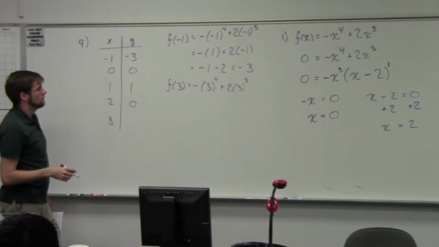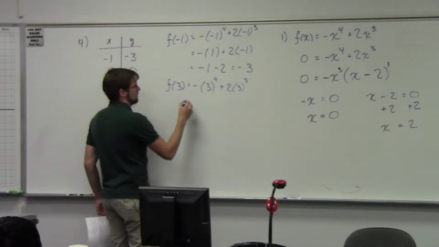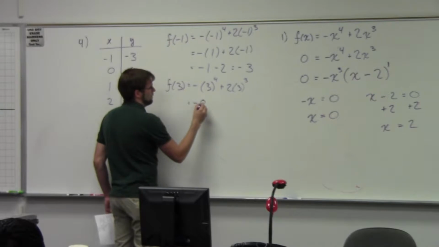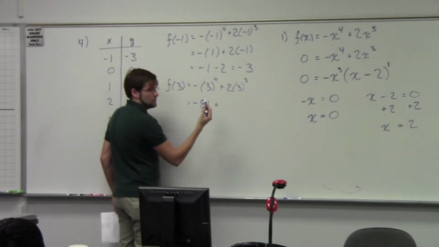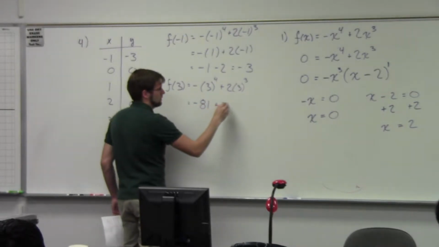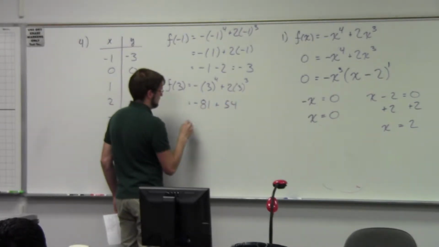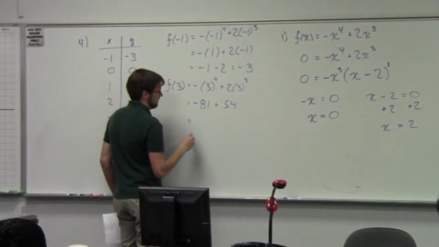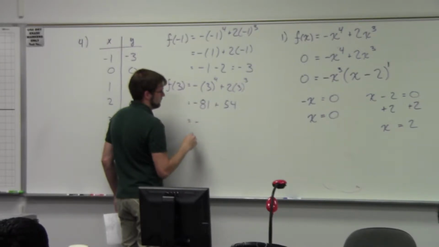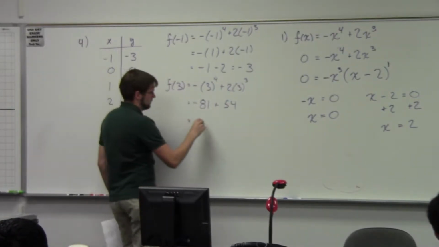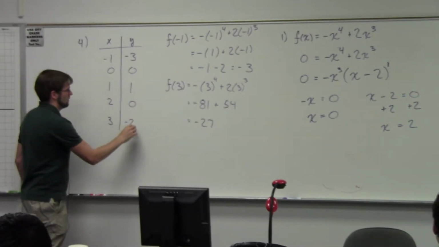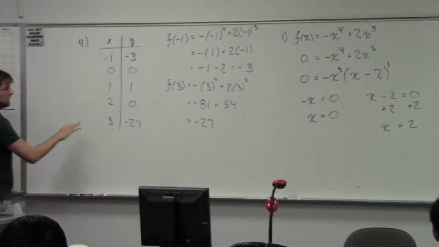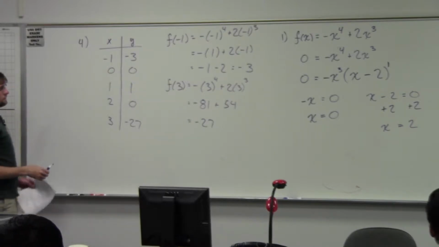Maybe not, we'll find out. This is negative 81 plus 27 times 2, 54. It's still a pretty big number. Negative 27? Okay, thank you. Yeah, so that's a really big number. So we'll guesstimate on the graphing part.